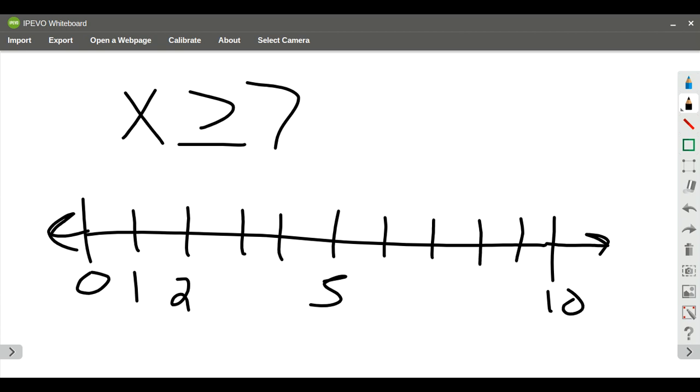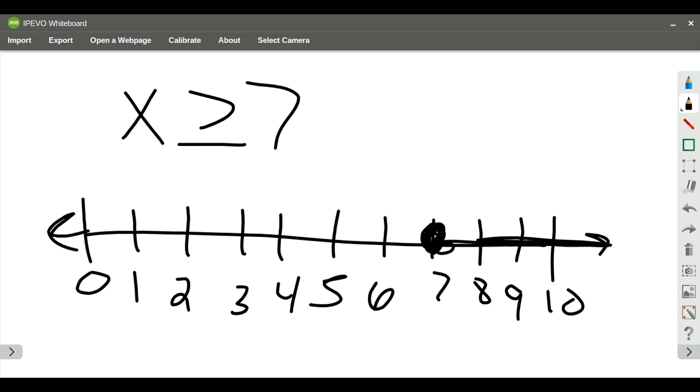So I have 6, 7, 8, 9. First thing I do is find my value at 7. It's a closed circle because it's equal to. So it's greater than or equal to. And then my arrow is pointing to the right, so my shading is going to point to the right. Okay.